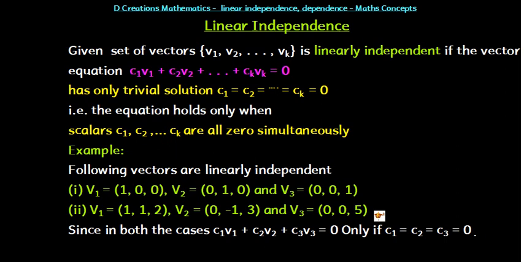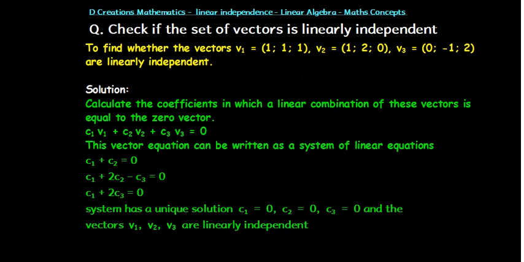So now let us go back to our question. When you want to check whether this set is linearly independent, you need to find the coefficients. This is our general condition, c1v1 + c2v2 + c3v3 = 0.